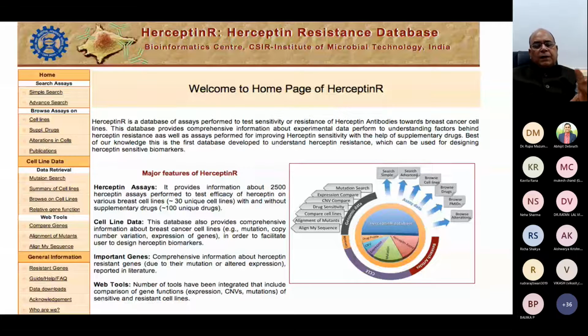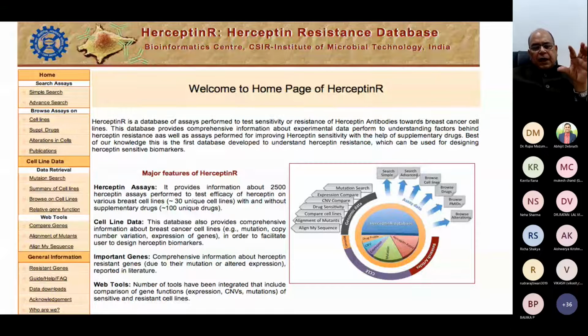But this biomarker again has limitations. And the problem with this antibody, I don't know the cost now, but at the time when we started this work, one dose of this monoclonal antibody was 4 lakhs. If you give the 4 doses which are required to treat the cancer patient, then it is around 15 to 16 lakhs.